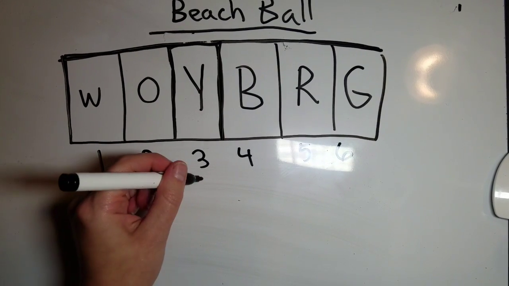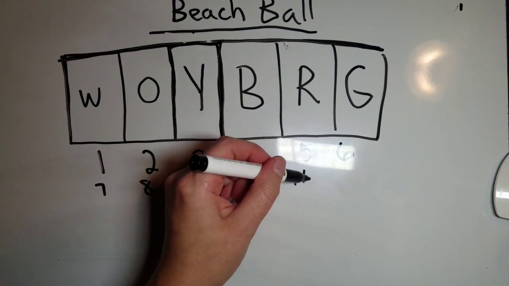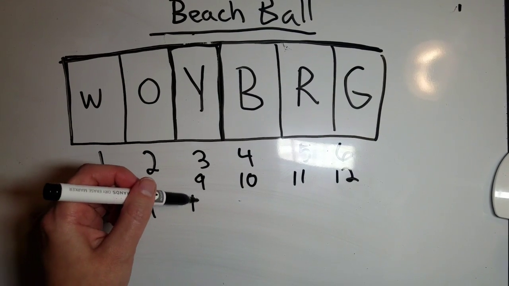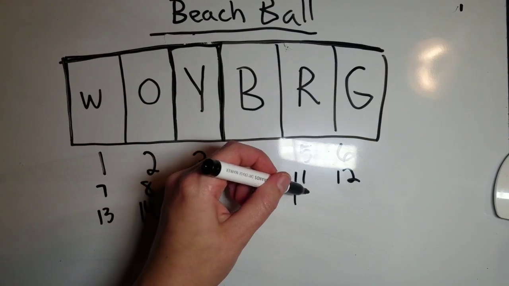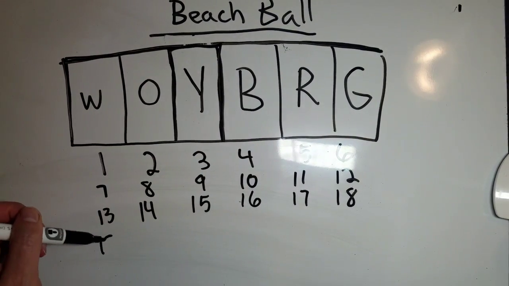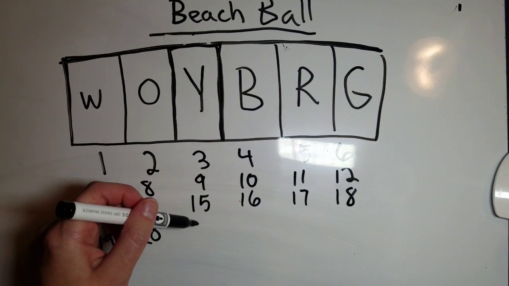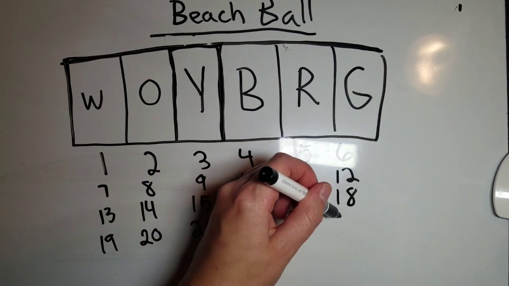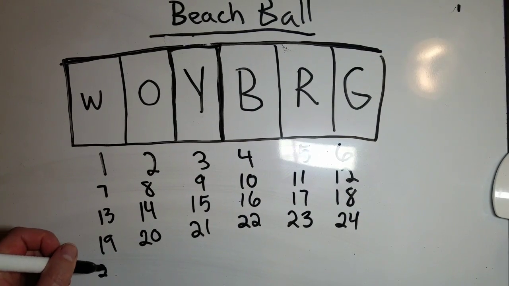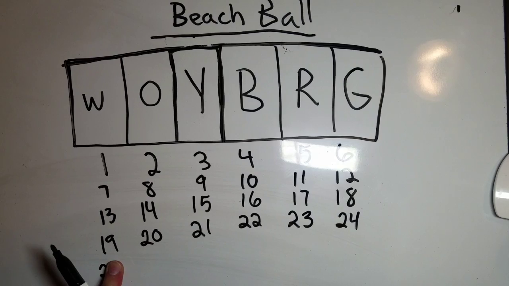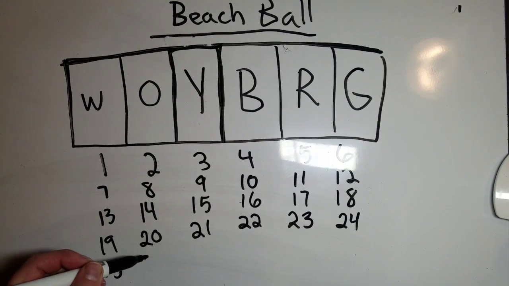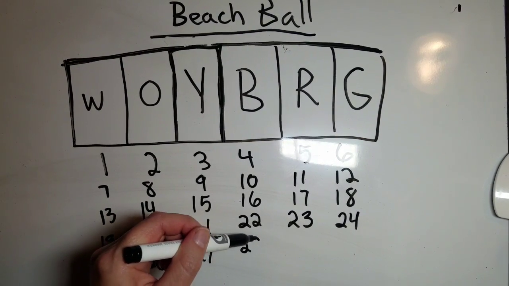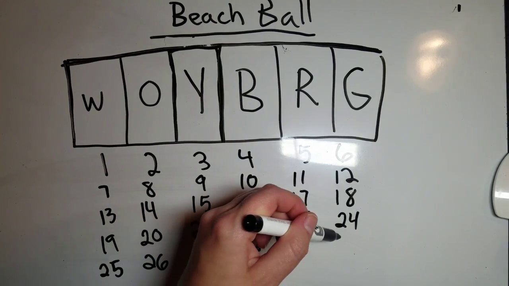7, 8, 9, 10, 11, 12, 13, 14, 15, 16, 17, 18, 19, 20, 21, 22, 23, 24, 25, 26, 27, 28, 29, 30.